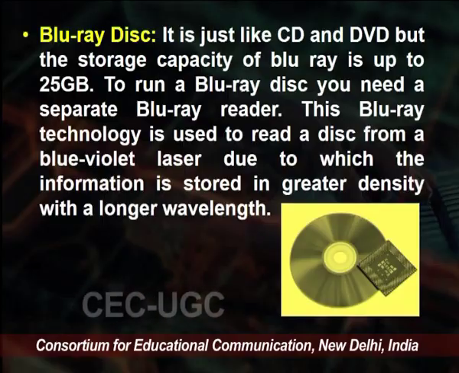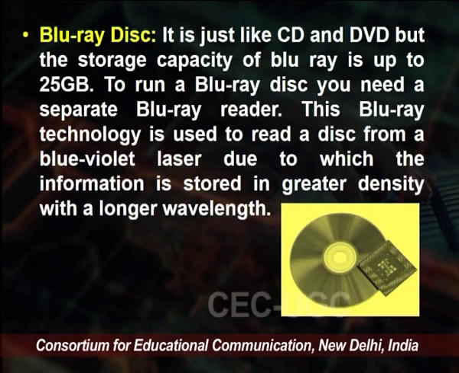Once a movie has been written on this disk, we can see it again and again. Another type is the DVD-RW. It stands for digital versatile disk read and write, and this type of DVD can easily write or erase data multiple times.